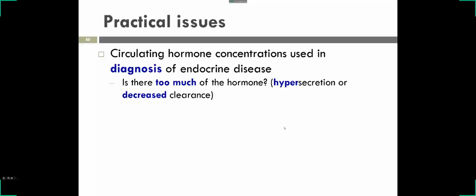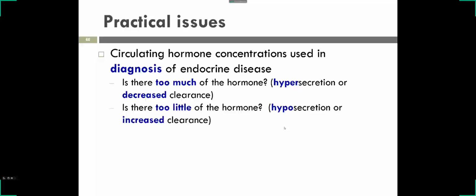Is there a gland that's making too much because there's a tumor? Or is there a problem where a hormone is not getting processed and cleared appropriately? Or is it a situation where, say, in diabetes, your pancreas is damaged and you're getting too little of a hormone, so you get hyposecretion or increased clearance?